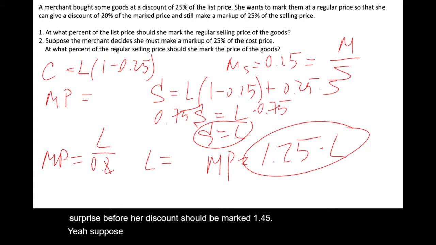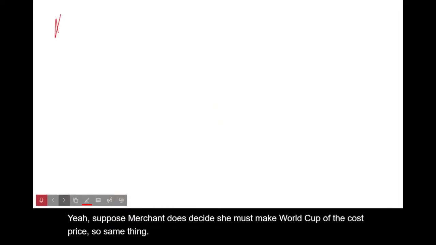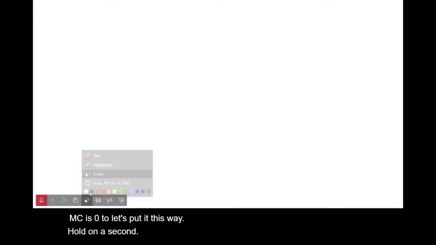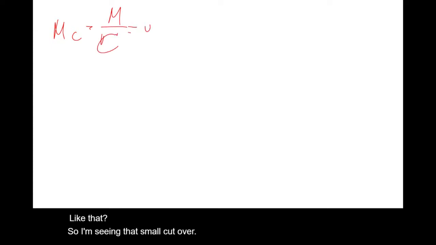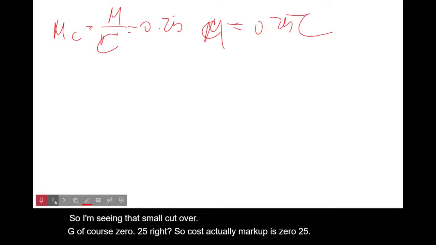Yeah, suppose the merchant decides she must make a markup on the cost price, so same thing. MC, let's put it this way. Hold on a second. Like that. So MC, that's markup on cost, 0.25, right? So the markup is 0.25 C. That's it.